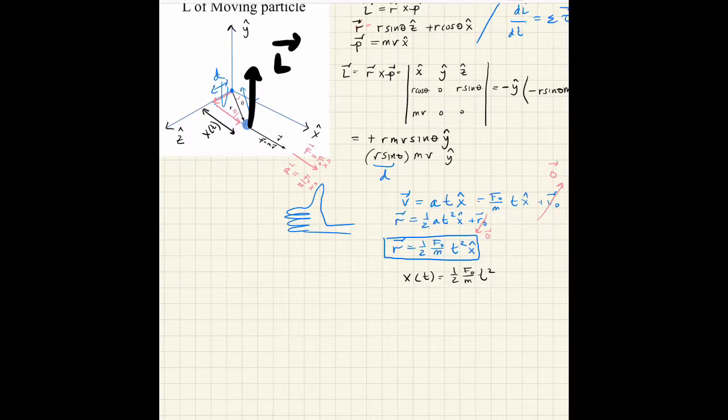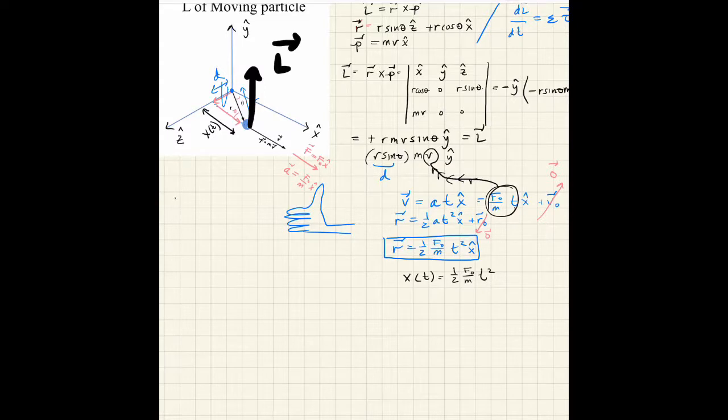It would be changing as a function of time, and my velocity also would be changing as a function of time. So if I had to rewrite my angular momentum vector, I would be rewriting it in terms of a function of time, and that's related to my force.